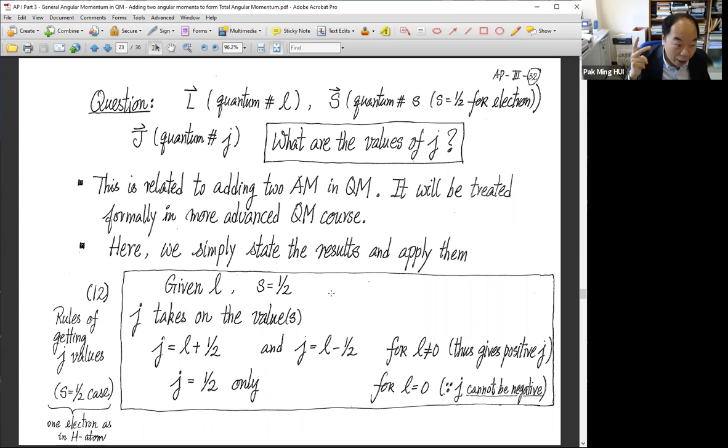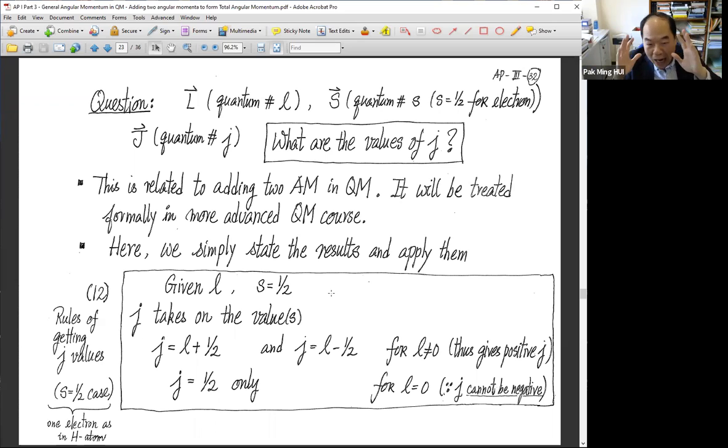It's slightly more complicated because you have spin angular momentum of electron number 1, spin angular momentum of electron number 2, and the orbital angular momentum of electron number 1 and electron number 2. Altogether, you have 4 angular momenta. You have to add them together, okay? But if you know how to do 2, you can iterate this rule to do many, okay? That's the flow of logic, all right?